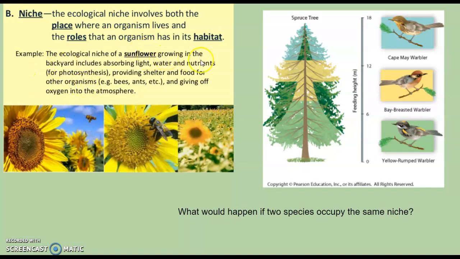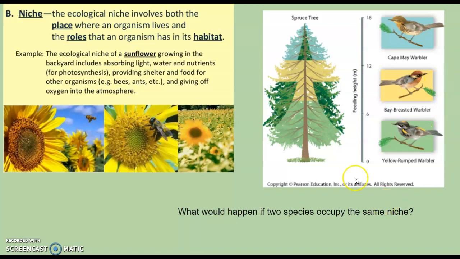The sunflower is growing in the backyard, that's its habitat. It's absorbing light, water, and nutrients, that's what it's doing. It's providing shelter and food for other organisms, and it gives off oxygen into the atmosphere. So this is basically just saying, okay, what is this organism? What is it doing in the ecosystem? How is it benefiting other things?